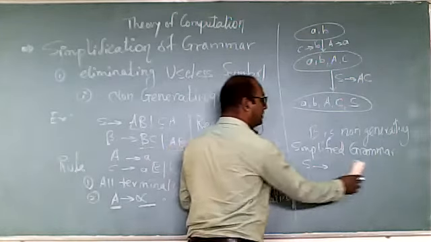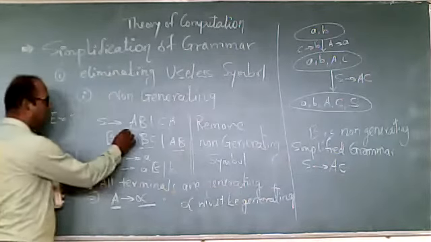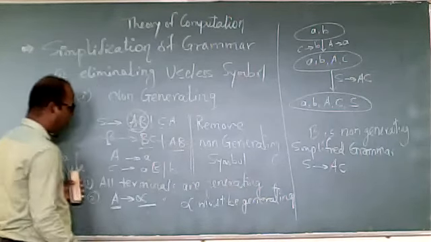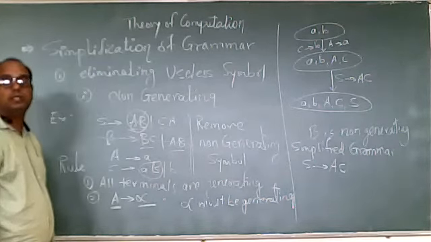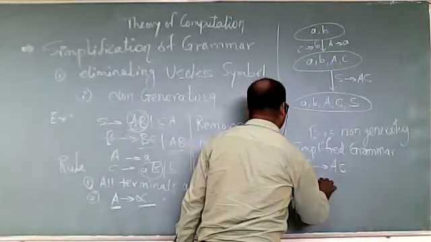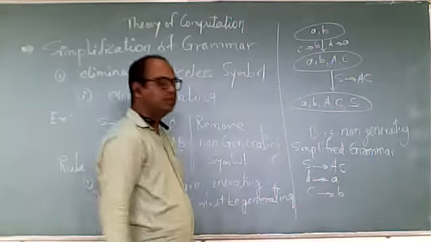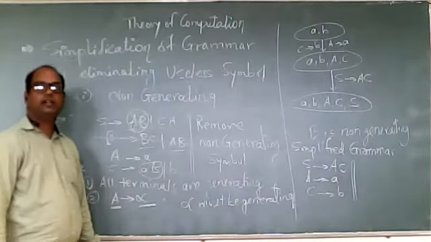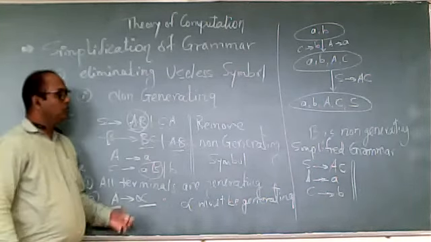So S will be CA only. Get it? This production will be removed, all these productions will be removed. The C production with B will be removed because B is non-generating. So the simplified grammar is A produces small a and C produces small a. This is your simplified grammar after removal of the non-generating symbol.